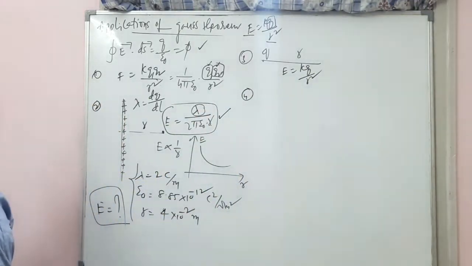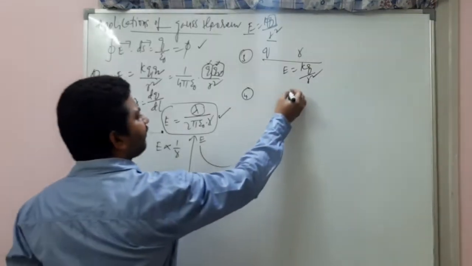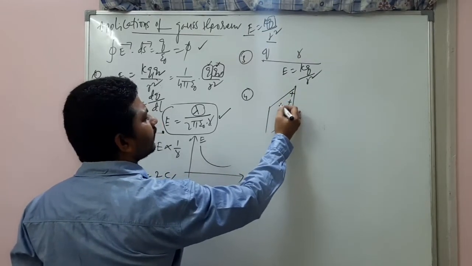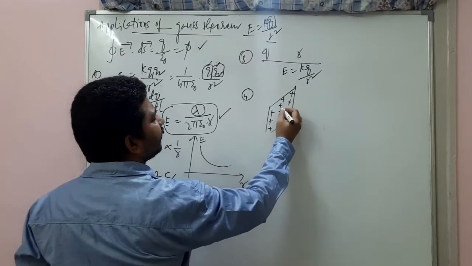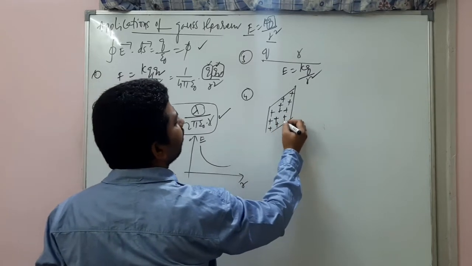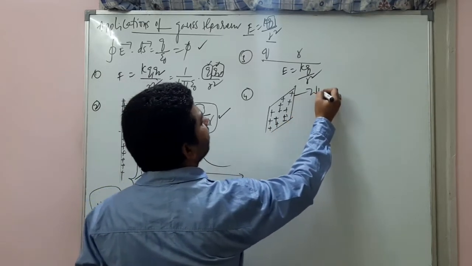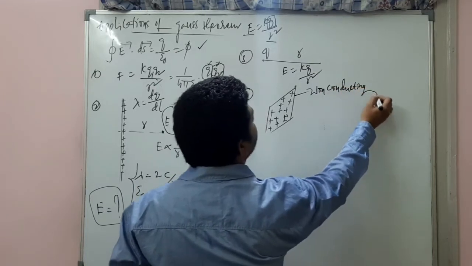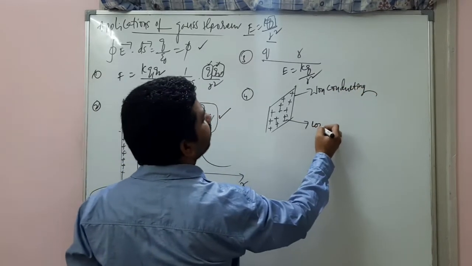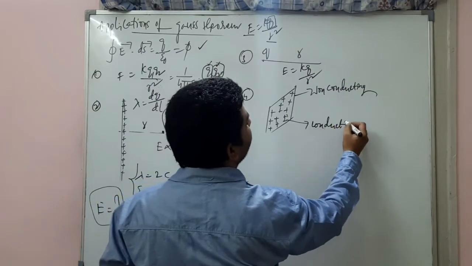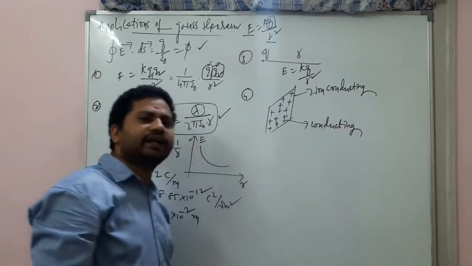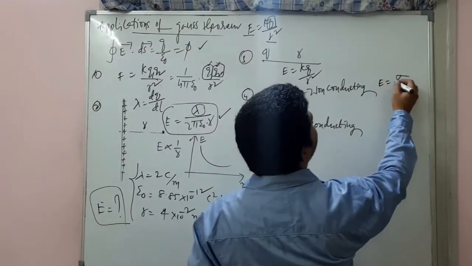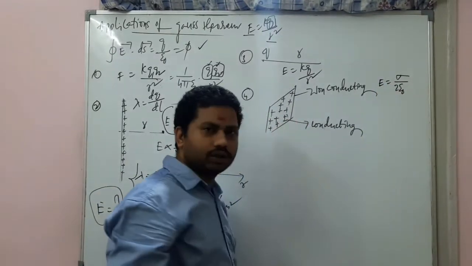Now the fourth case, students. If you have an infinite plain sheet, conducting or non-conducting: if it is non-conducting, electric field is sigma by 2 epsilon naught.